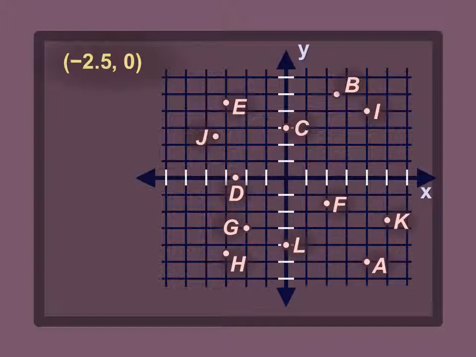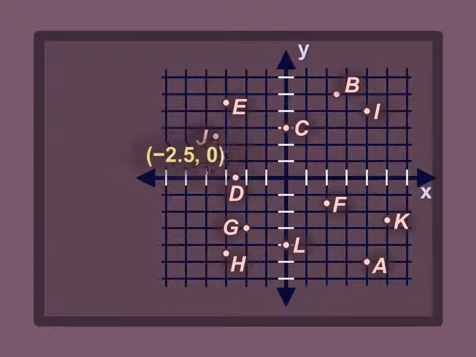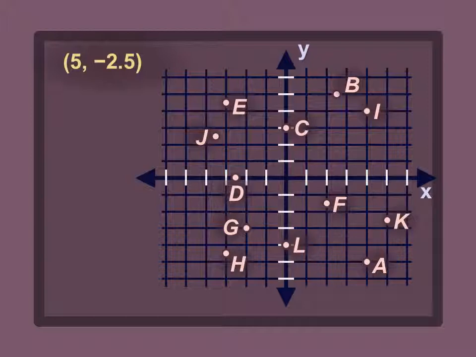Then 0 is your vertical distance, your y-coordinate. 0 means that there's no movement, which means that we're on the x-axis. So you have point D. 5, comma, -2.5. So 5 is the x-coordinate. And then -2.5 is the y. So we get point K.